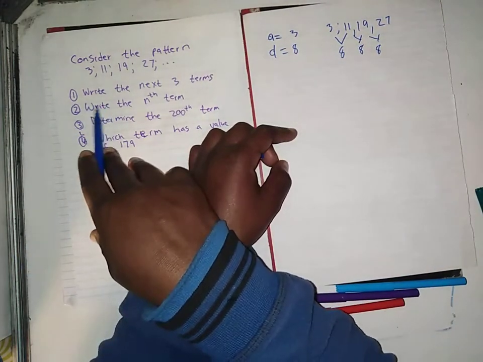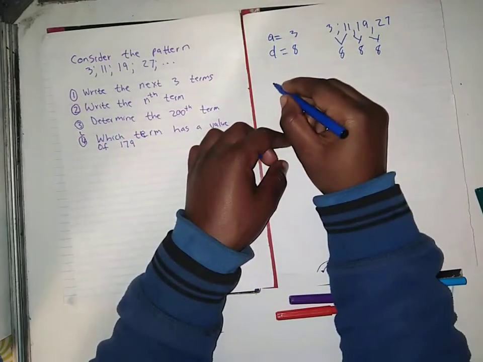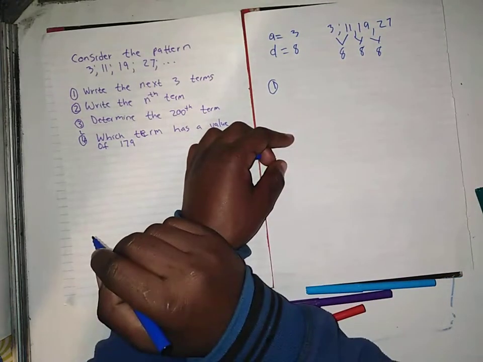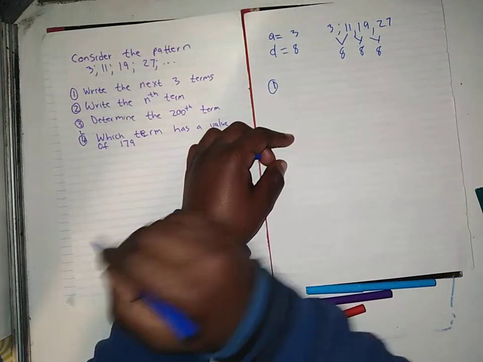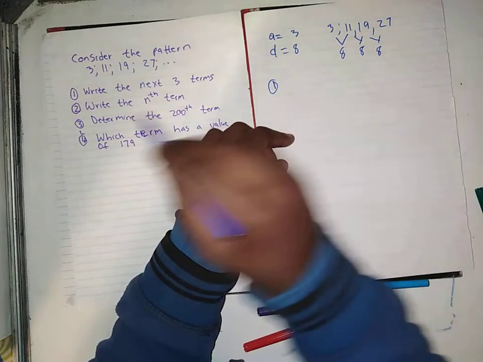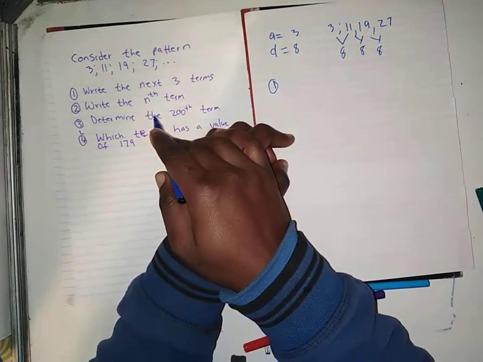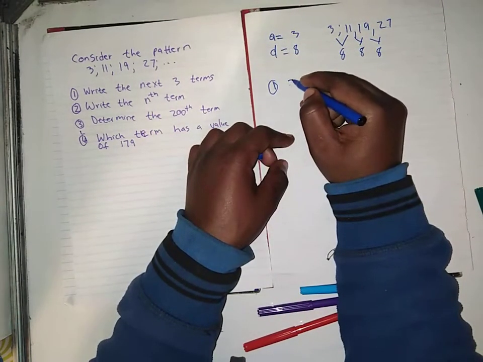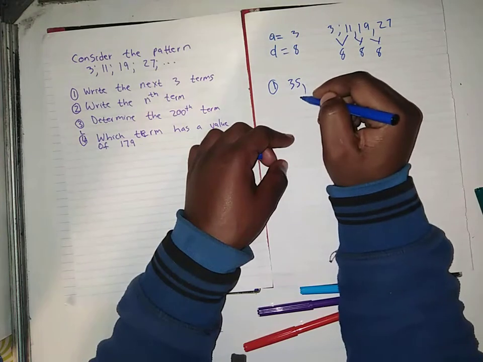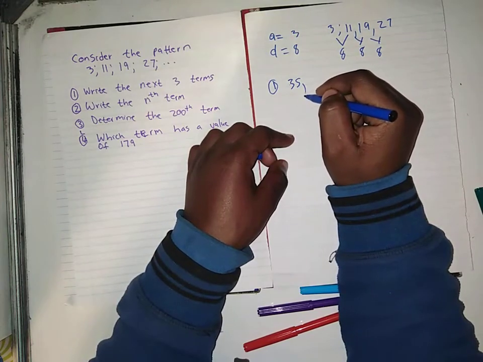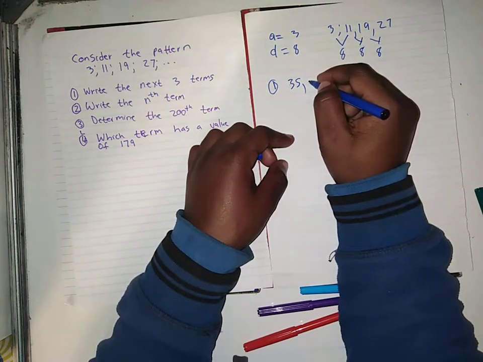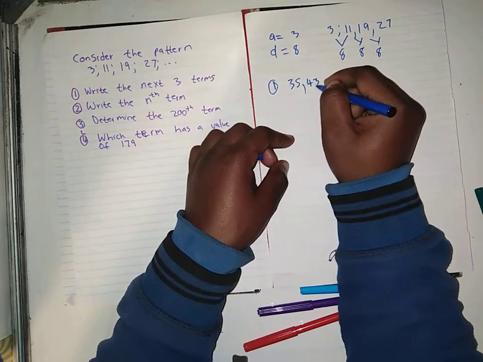So basically, when they say write the next 3 terms in question number 1, you will say, okay, the next 3 terms from 27 plus 8. What is 27 plus 8? It is 35. So the next one is 35. And 35 plus 8, what do you get? You get 43.